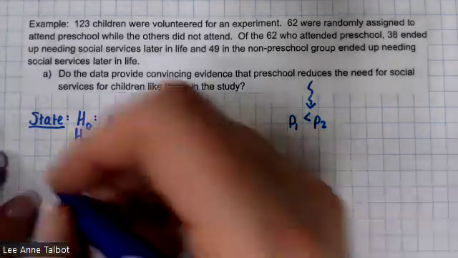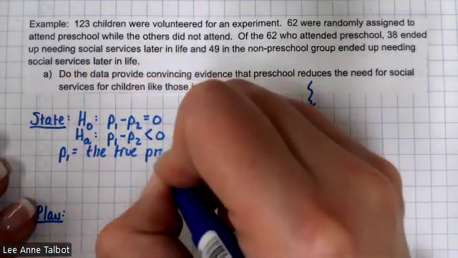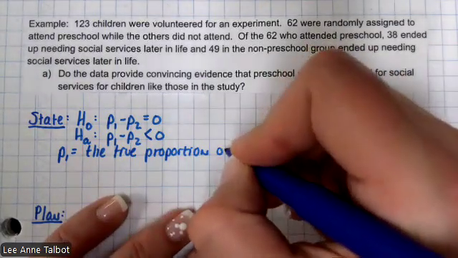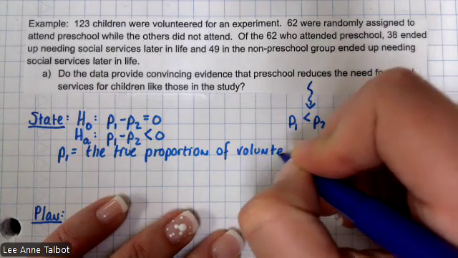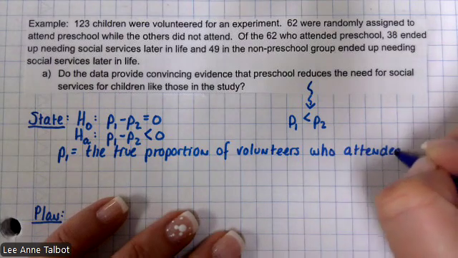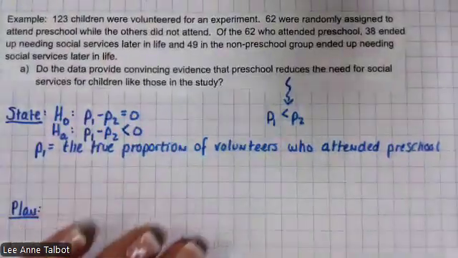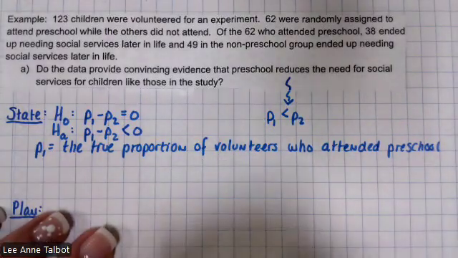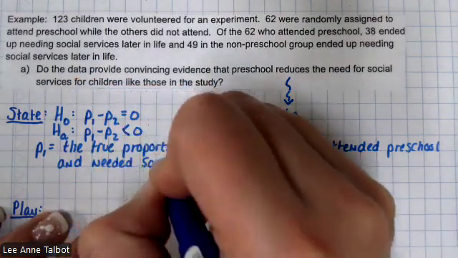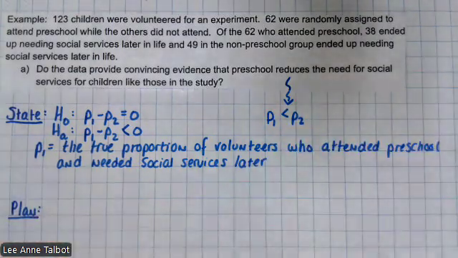So P1 equals the true proportion of volunteers who attended preschool and needed social services later.